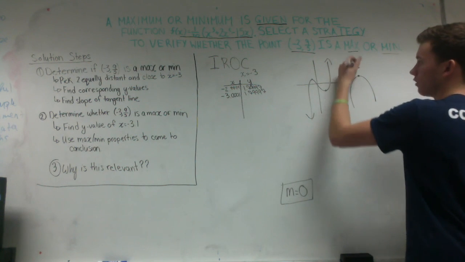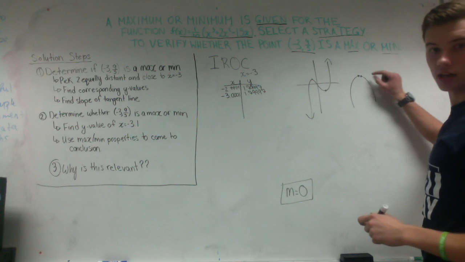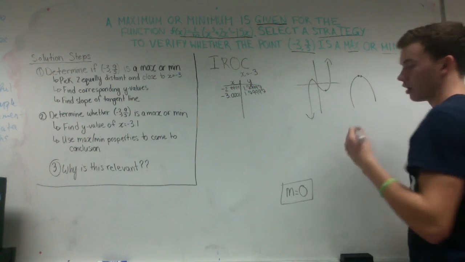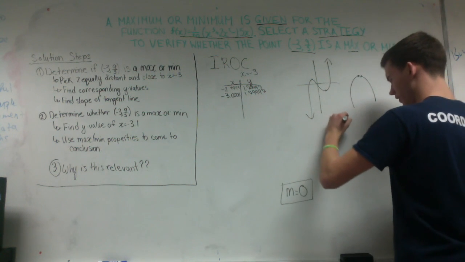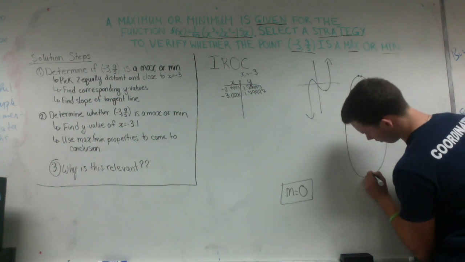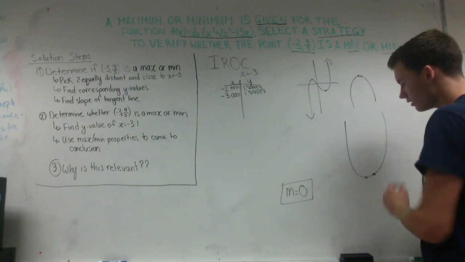So if we move the smallest fraction to the right of that max, as you can see I've drawn a small point here, you're going to get a lower y value because it's begun to decrease again. And same thing for a minimum: if you have your minimum and you move the smallest fraction to the right, your y value should begin to increase.